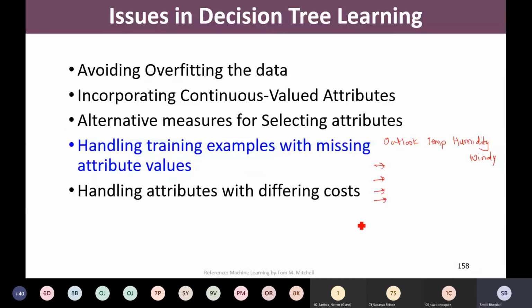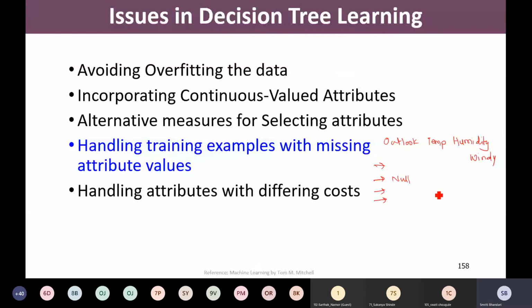Sometimes it may happen that for few of the training examples, the values are not known. Say for example, here the outlook value. Outlook values are sunny, rainy, and overcast. But for a particular instance, we are not knowing the outlook value. And if we do not know the value of a particular attribute, it is denoted in the data set as null value, not known.